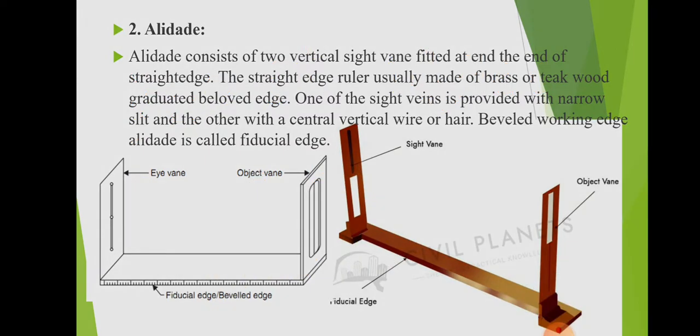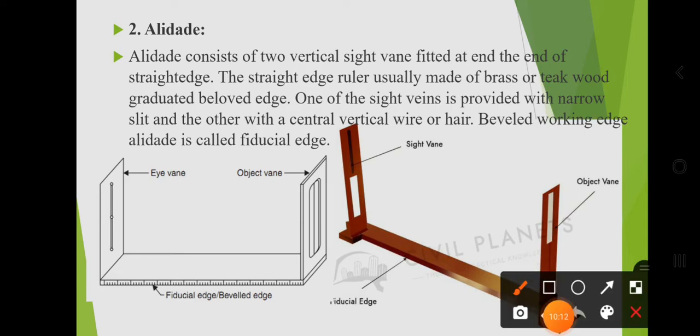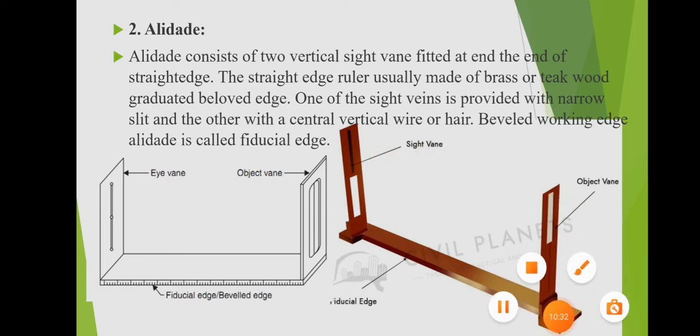This alidade has this object vane. We can see here, and this one is the side vane. We look from that side vane in such a way that the object is at the center. For example, we are doing the survey in a field.